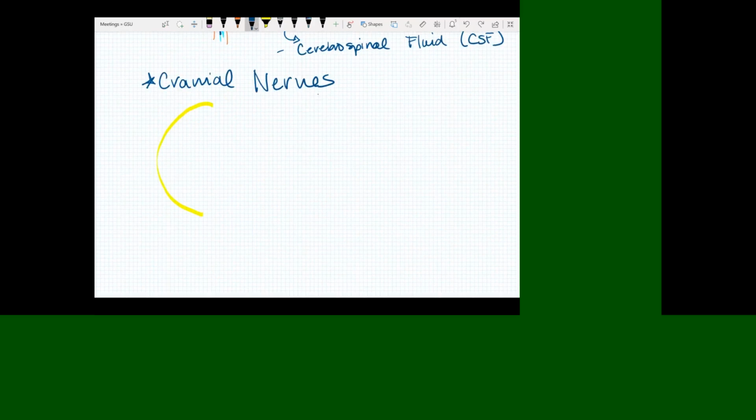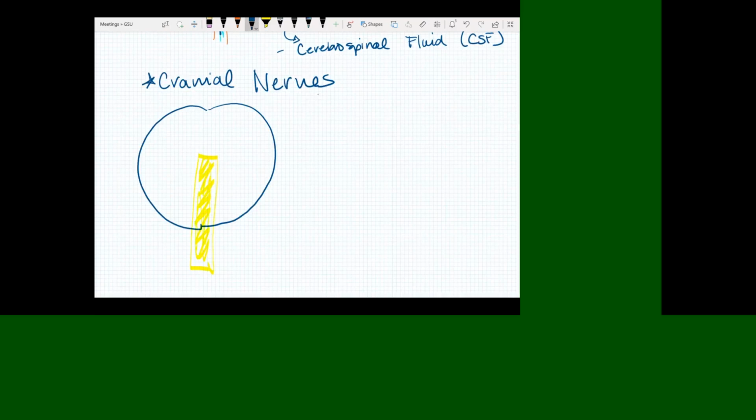So we've taken the brain, and rather than looking at the top, we are now looking at the bottom of it, where we are going to find our cranial nerves.